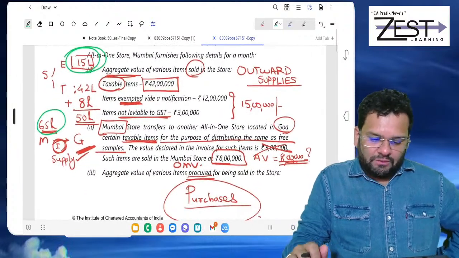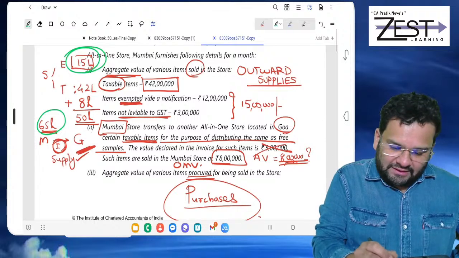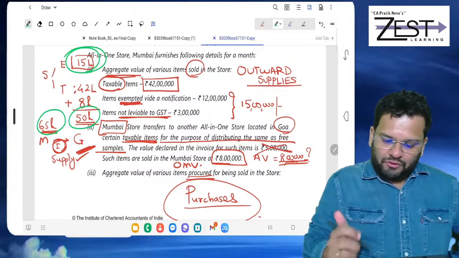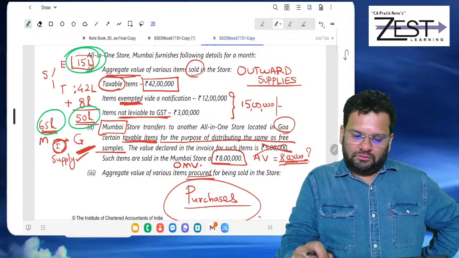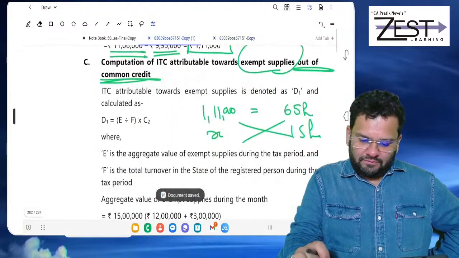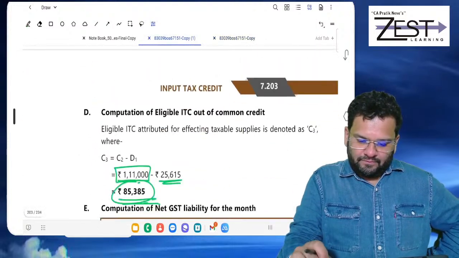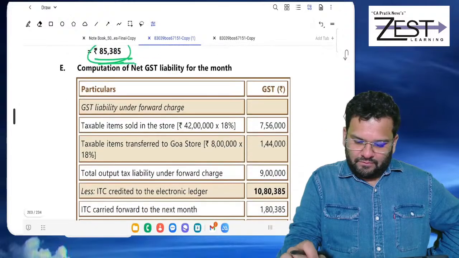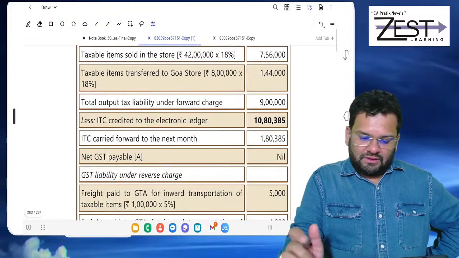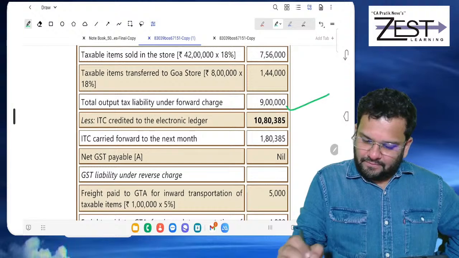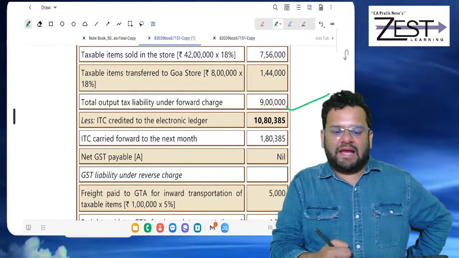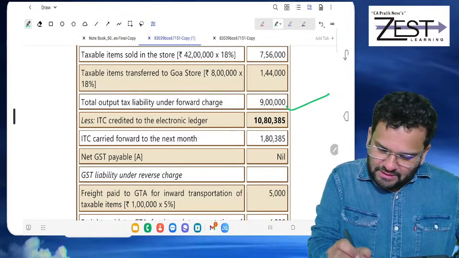Output tax will be on the taxable supply of 50 lakhs. 50 lakhs into 18%. Isn't it 9 lakh?